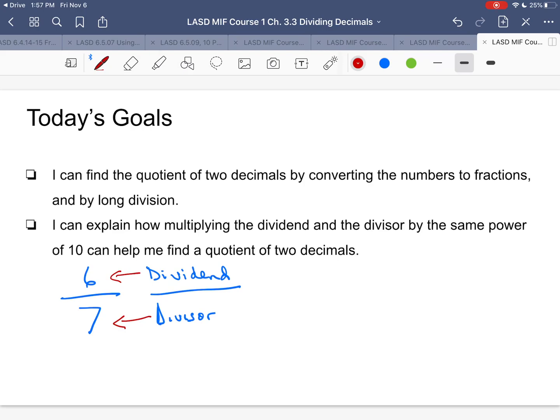And when we talk about the same power of 10, we talk 10, 100, 1000. These are all powers of 10. That's 10 to the power of 1, 10 squared, 10 to the power of 3, and so on. So just to clarify the language that we're using throughout this lesson.